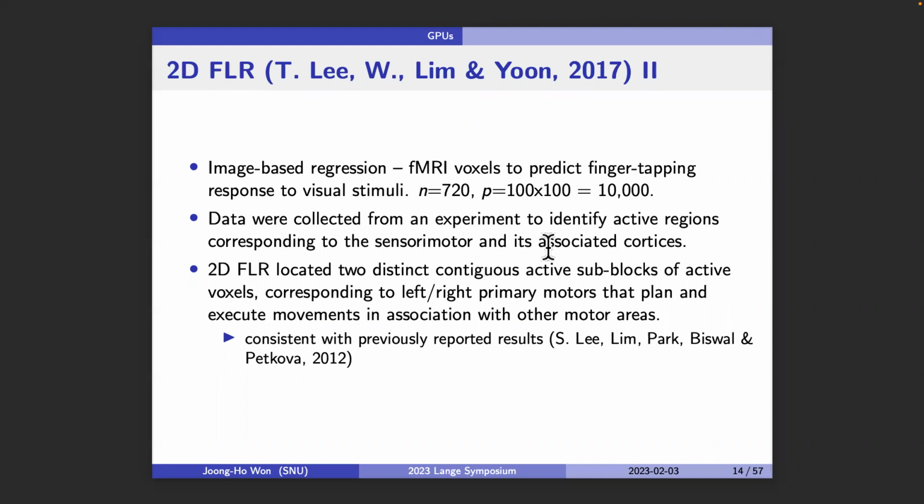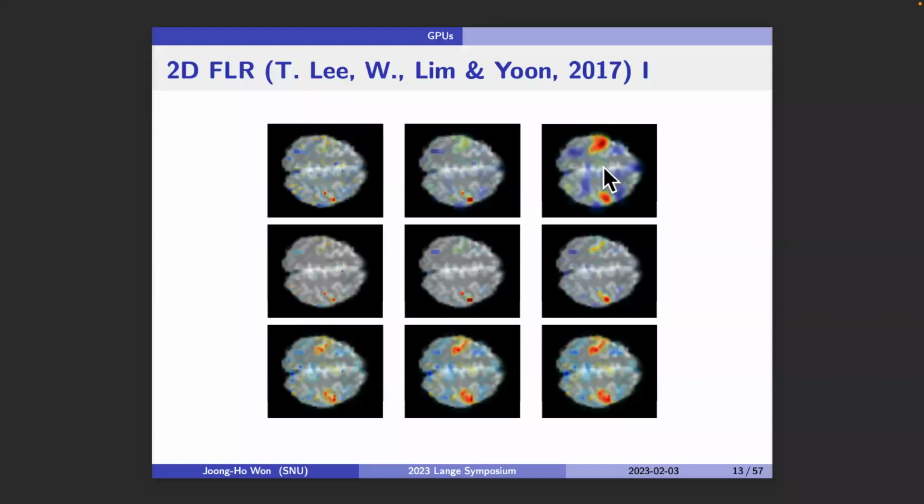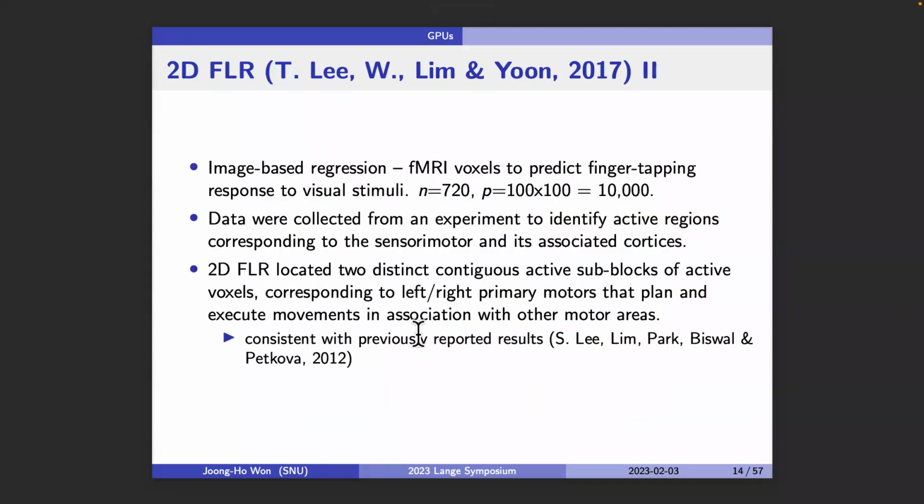The goal of this project was to identify some active regions in the brain that correspond to the sensory motor and associated cortex regions. And as you can see from the previous slide, this two-dimensional fused lasso successfully located two contiguous regions in the brain, and that is confirmed as corresponding to left and right primary motors that plan movements in association with other motor areas. And this is consistent with previous brain research.